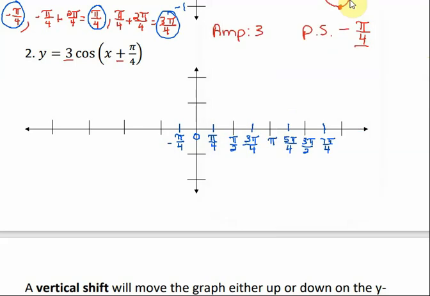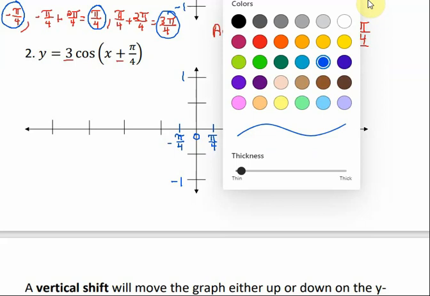Let me draw my graph. This is cosine, so we know that cosine normally starts at positive 1 on the y-axis. Oh, nope, we don't need 1 and negative 1.